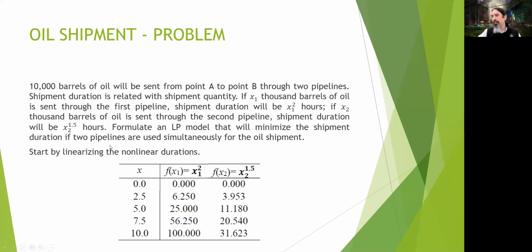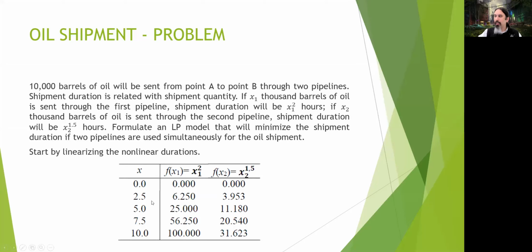For example, if we send everything to the first one, we get 100 from here and 0 from here. So our maximized version is 100. And if I send 7.5 to the first pipe and 2.5 to the second pipe, I will get 56 hours from the first pipe and 4 hours from the second pipe. 56 is the maximized value. I'm trying to minimize this maximized value, so it's better than 100.